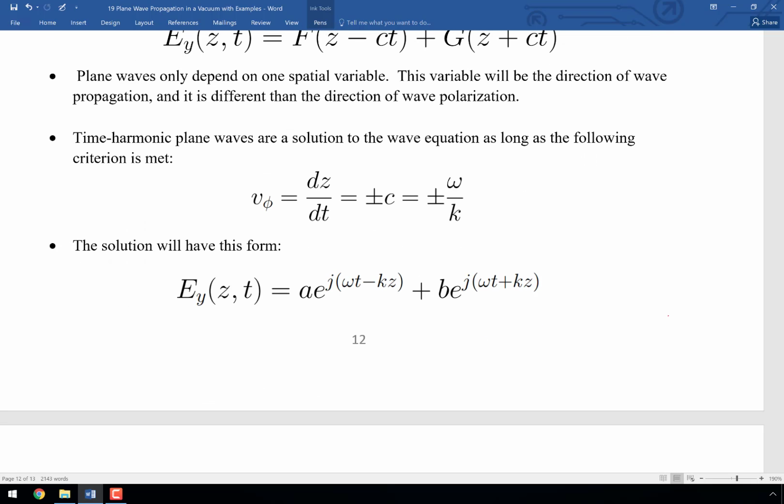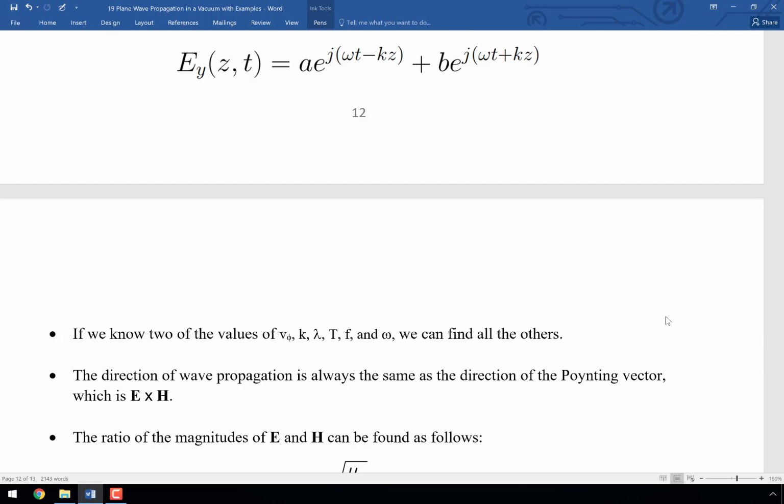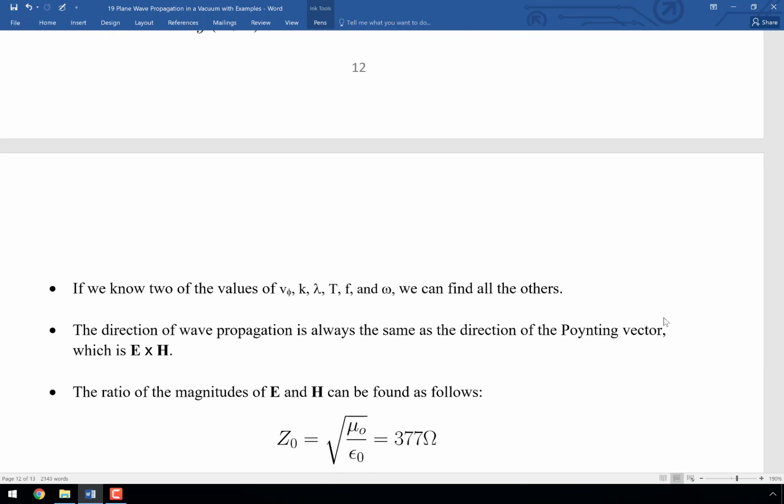We saw that the solution to the wave equation, that is the time harmonic plane wave, will have a form that looks like this. We saw that if we know the right two of the values, so they can't all be associated with space and they can't all be associated with time, then we can find all of the others.